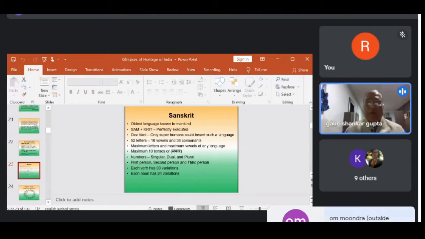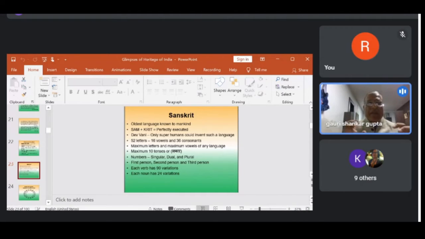Every verb is called dhatu in Sanskrit. So every verb has 90 variations. I will explain how those 90 variations are later on. And every noun has 24 variations. That is the expansion of this language in order to express your views in a very precise manner.